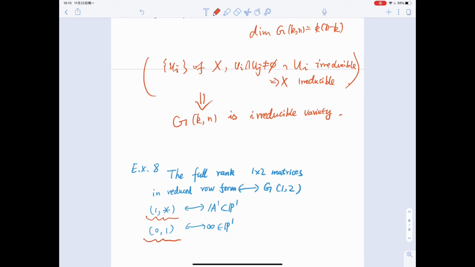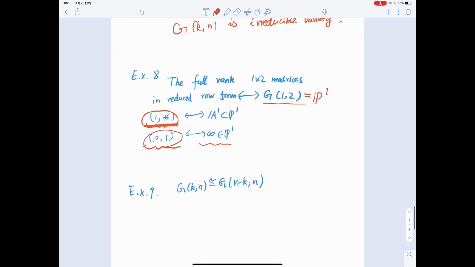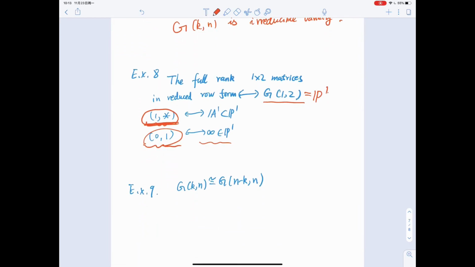Indeed, this is equivalent to the Grassmannian G(1,2), and the (1, star) corresponds to A^1 in P^1, and the (0, 1) corresponds to the point at infinity in P^1. So we have G(1,2) is indeed P^1.